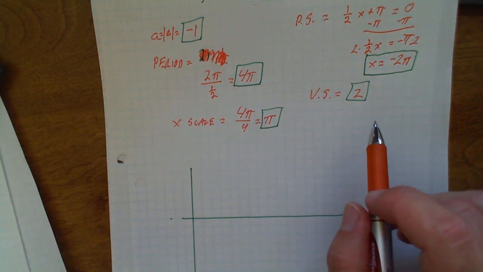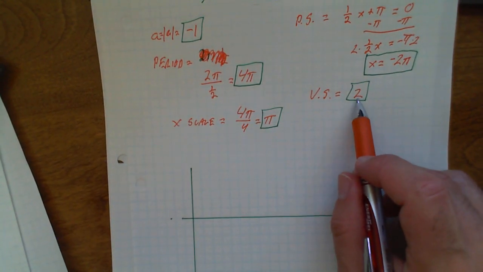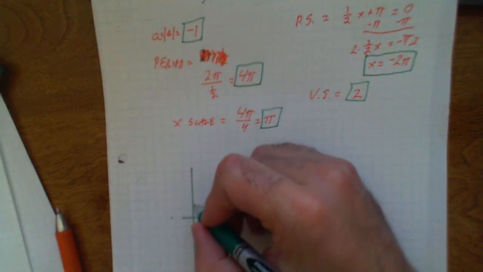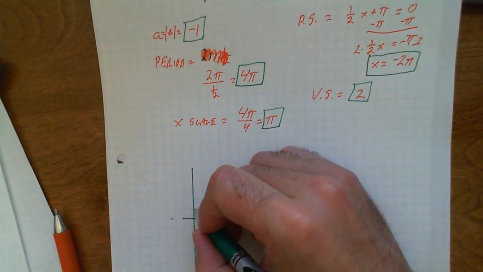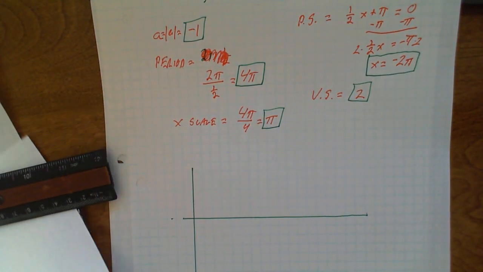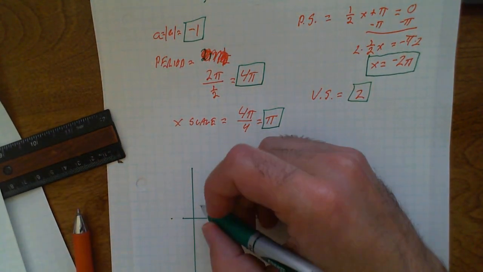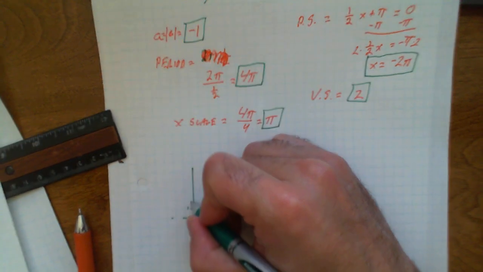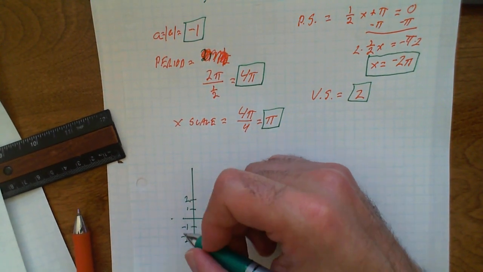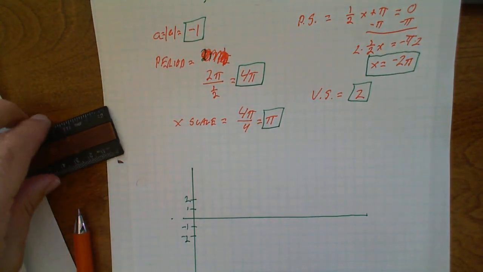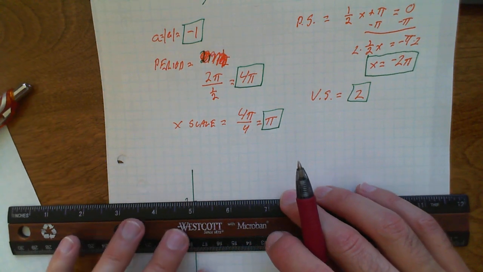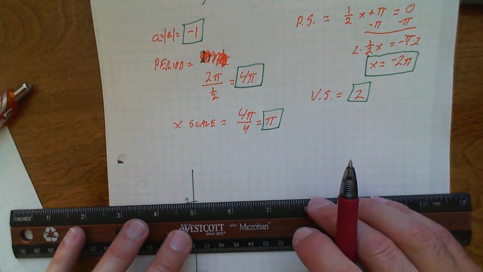Here we go. Let's go with the vertical shift, which will be 2. That means I'm going to go up. I'm going to go up 2 on the vertical shift. So let's go and do that. We'll go up 1, 2, -1, -2. That tells me where my midline is. So my midline is here at 2. So I'm just going to draw a little midline here for us to see.